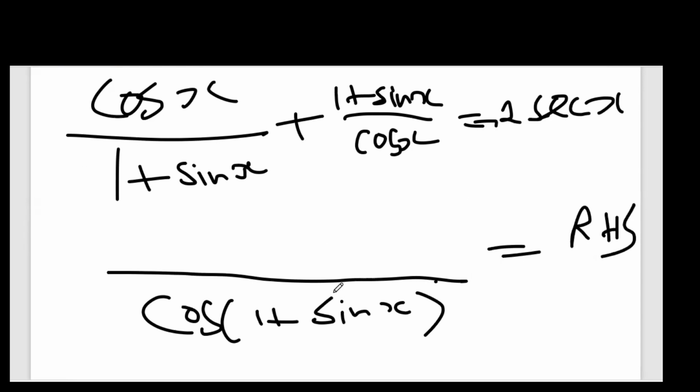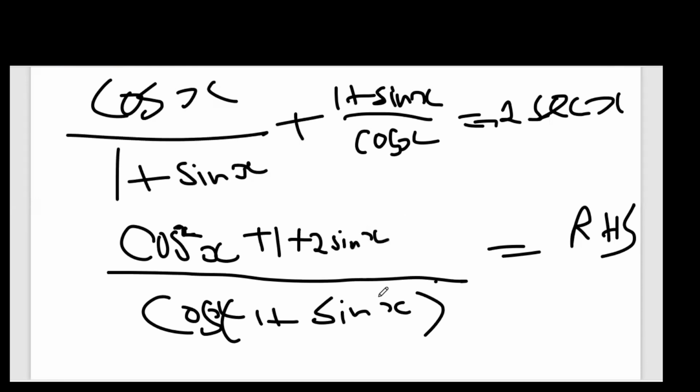So 1 plus sin x divided into the common denominator leaves cos x there, so cos x multiplied by cos x gives cos squared x. Then the cos x divided into the common denominator cancels, leaving 1 plus sin x multiplied by 1 plus sin x. So 1 times 1, then 2 sin x, and then sin x multiplied by sin x gives plus sin squared x.